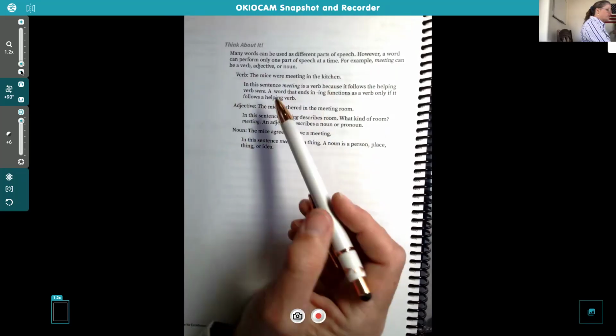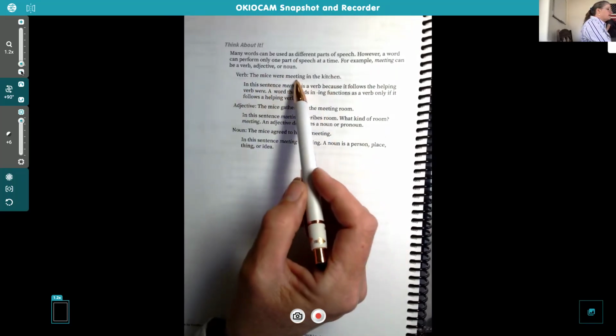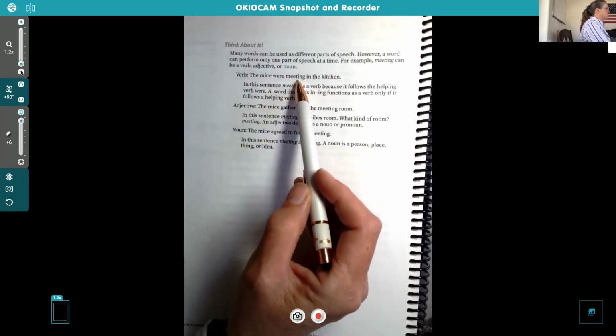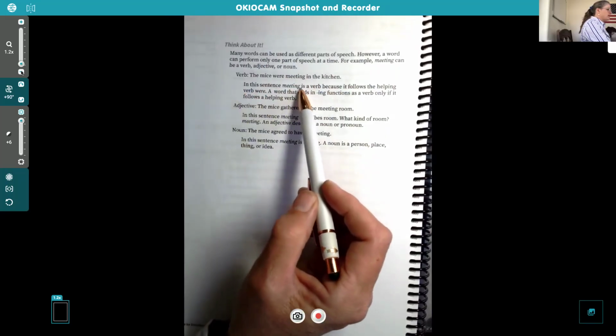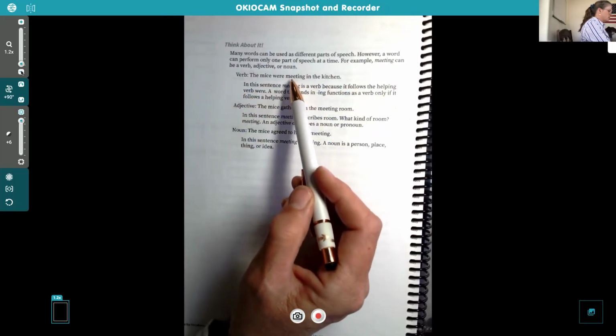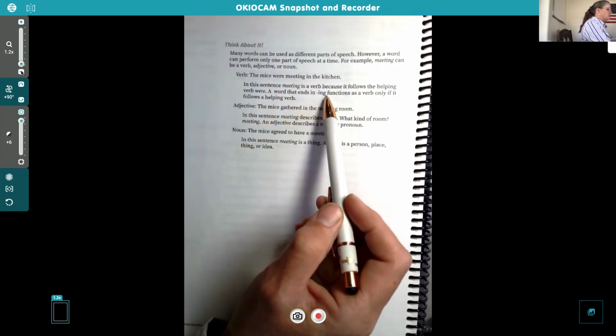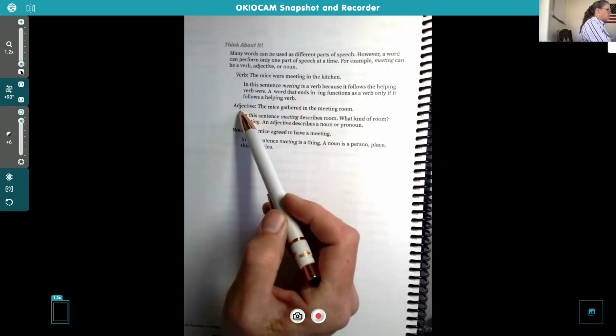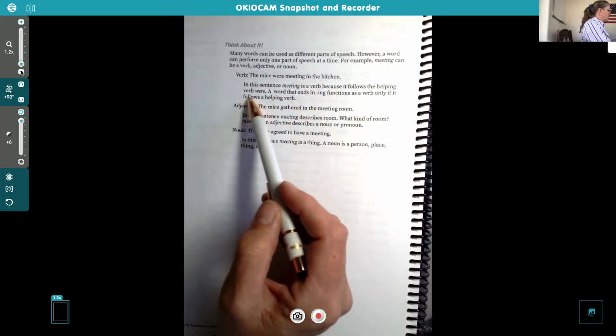We're on page 56. The mice were meeting in the kitchen. This is a verb. So meeting is a verb here. You know how sometimes verbs have ed or ing at the end? In this sentence, meeting is a verb because it follows the helping verb were meeting. That's a clue. A word that ends in ing functions as a verb only if it follows a helping verb. But here it is as an adjective.